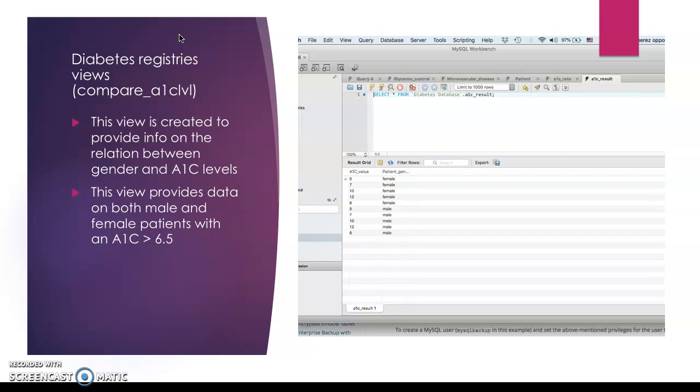This is a quick query to find the results of all patients, both male and female, that have an A1C greater than 6.5. This quick query was able to provide me with all information about all the patients that I've been seeing that have an A1C level above 6.5. So if you're trying to target a particular patient population, this can help us easily get the information that we want.